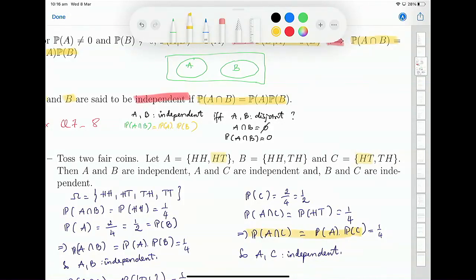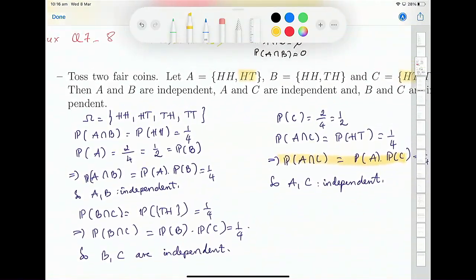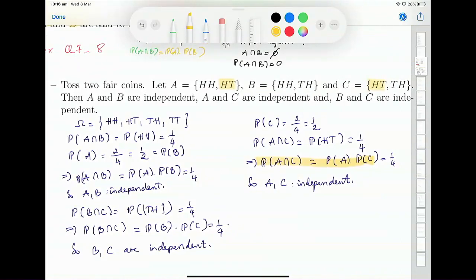All right. And the same when you want to check B and C. The intersection of B intersect C is tail-head, right? So the probability of B intersect C is the probability of tail-head, which is 1/4.